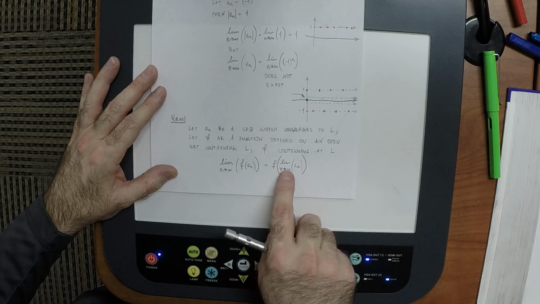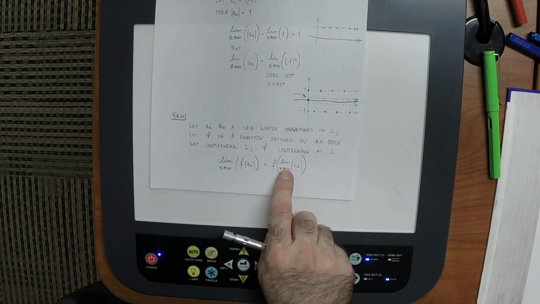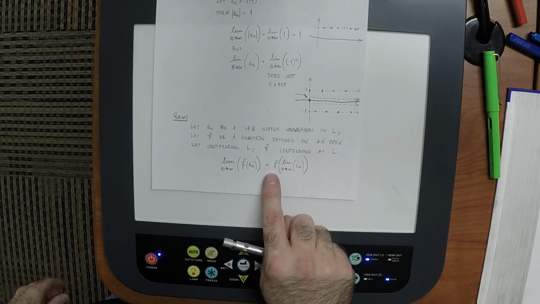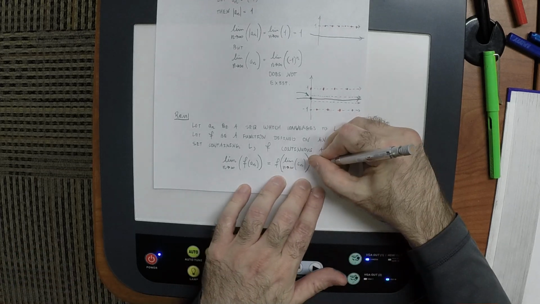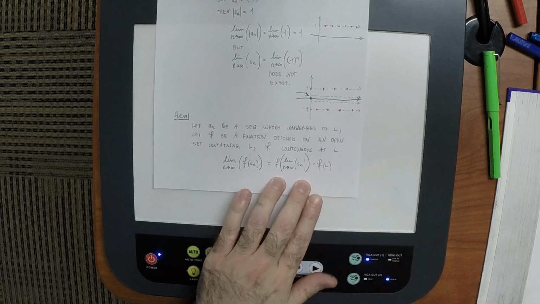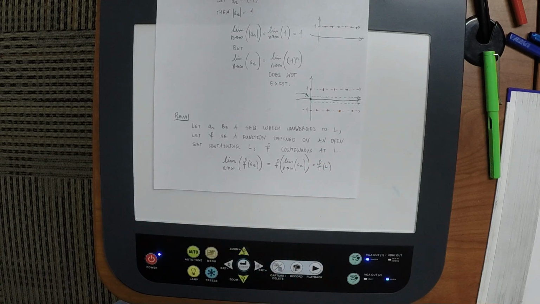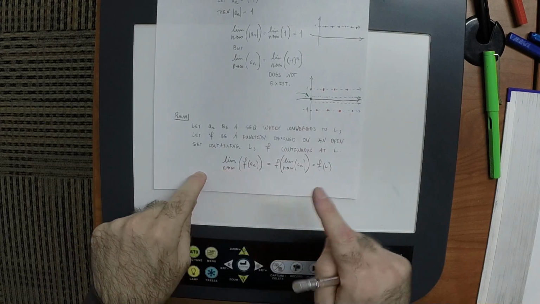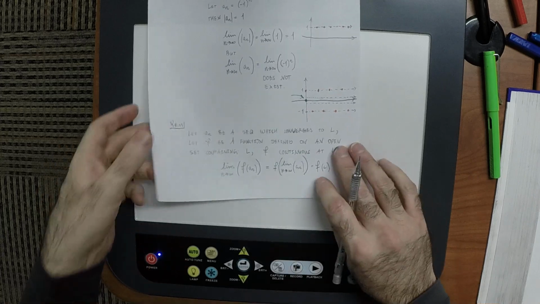Whereas this one is saying, just do the limit first. Don't even worry about f until the very end. You've calculated the limit, then do f. So this would be f of L. So it's saying that these two things commute. You can do f first and then limit, or you can do limit first and then f.